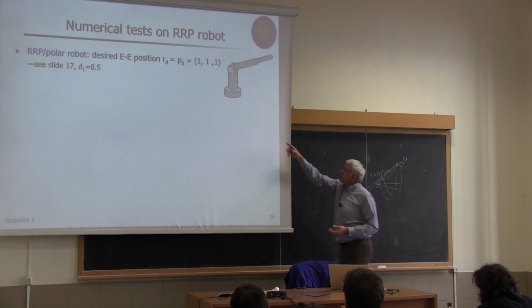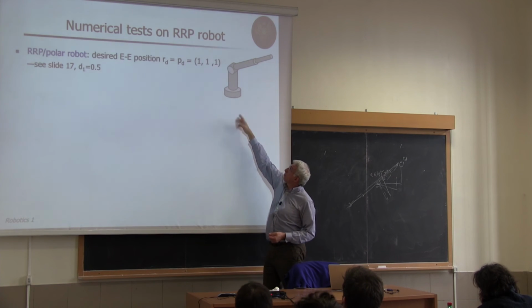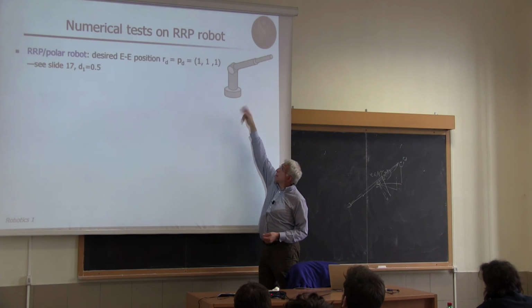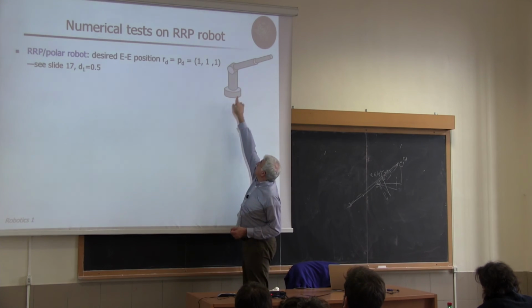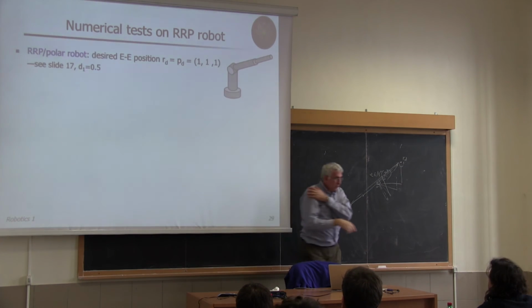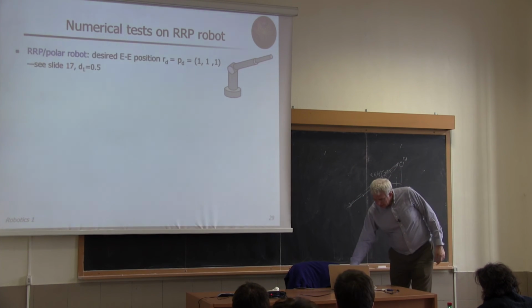The only parameter, if you look back at the slides, the previous slide where we found the analytic solution, is this distance d1 from the base to the shoulder. Okay, so I'm taking here 0.5.